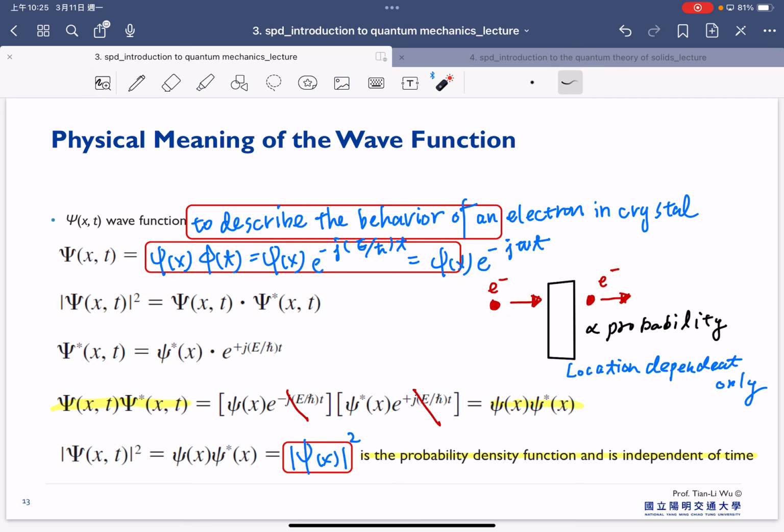Based on this equation, you cannot determine the electron precisely. You can only consider its probability. And this probability is location dependent only. It's independent of time. This is how this equation tries to tell us.